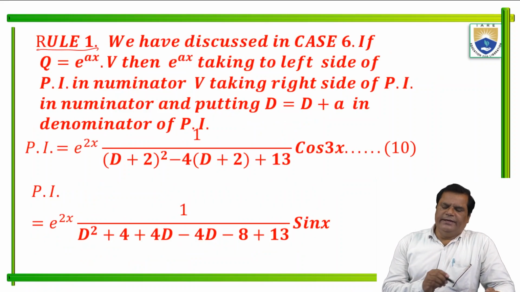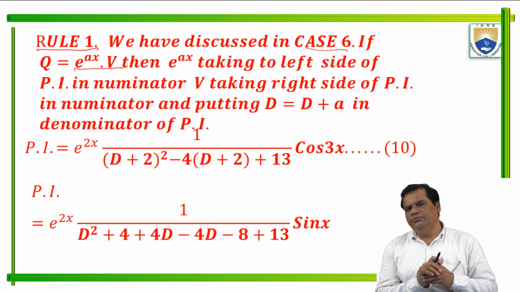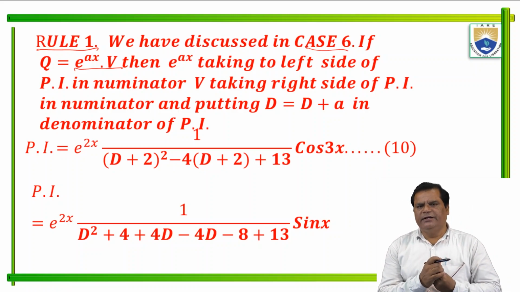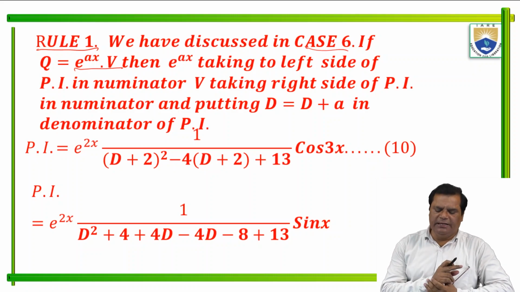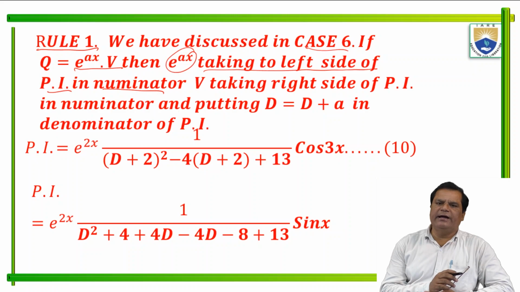So rule 1 applies here. We have discussed in case 6, if Q is e to the power ax into b, there are two functions in Q. First is exponential, the other is trigonometry. Both are multiplied. Then the exponential function is taken on the left side of PI in the numerator. This is clearly what I am writing here, so you remember it.